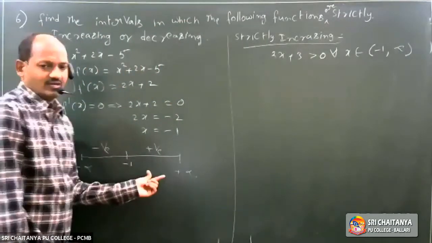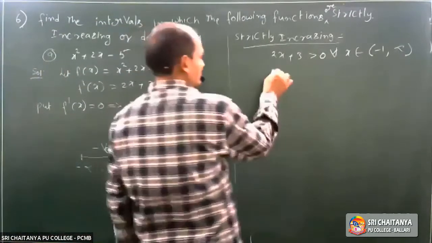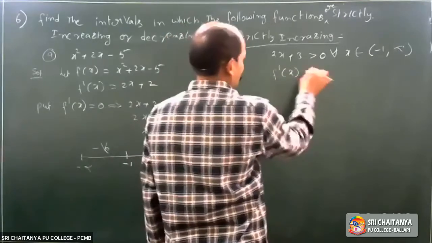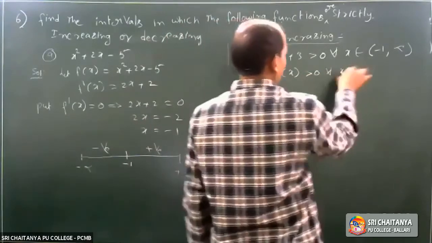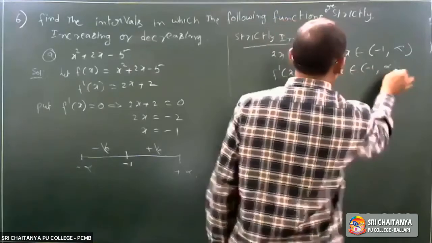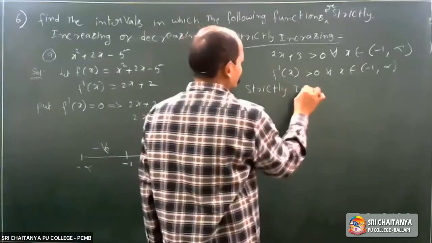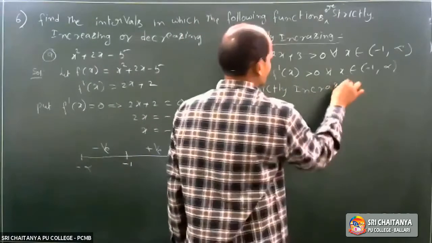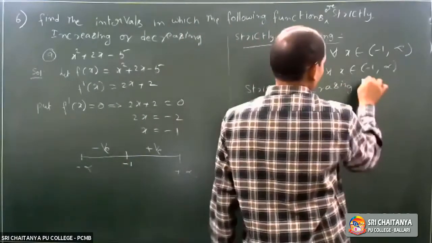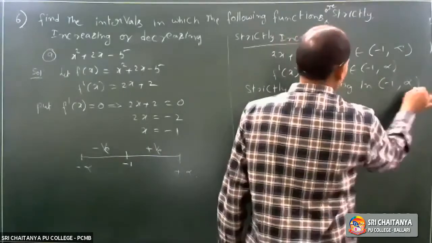So in this interval, it is positive. That means f dash of x is greater than 0 for all x belongs to minus 1 to infinity. Therefore, it is strictly increasing in minus 1 to infinity.